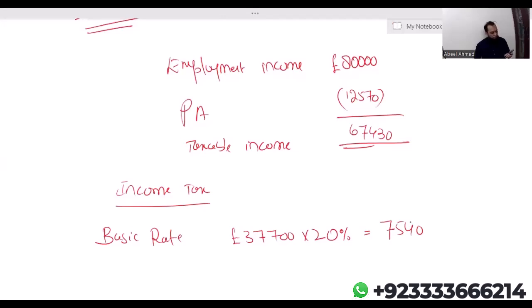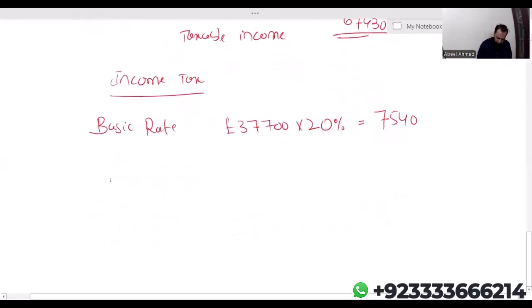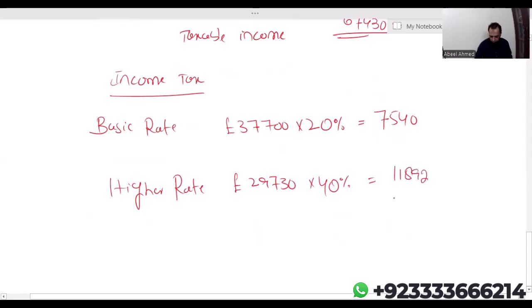So 67,430 minus 37,700, I'm getting 29,730. That is the higher rate. 29,730, applicable rate is 40%: 11,892.